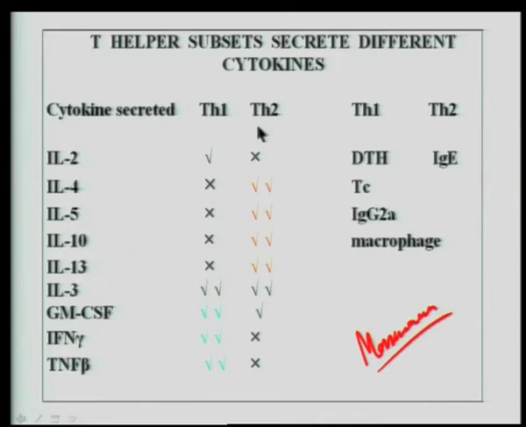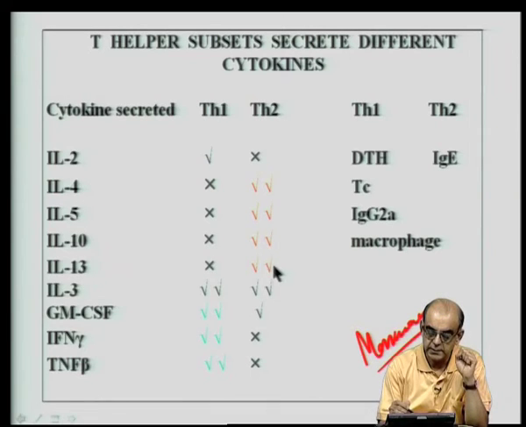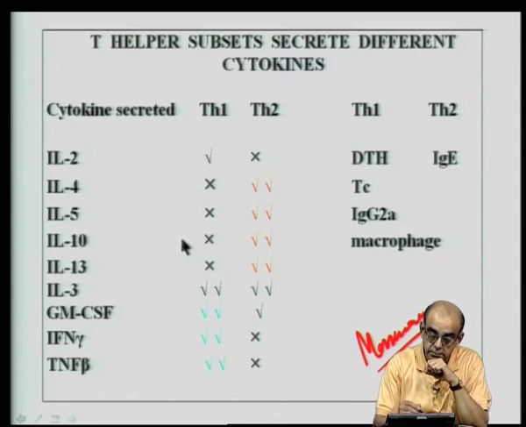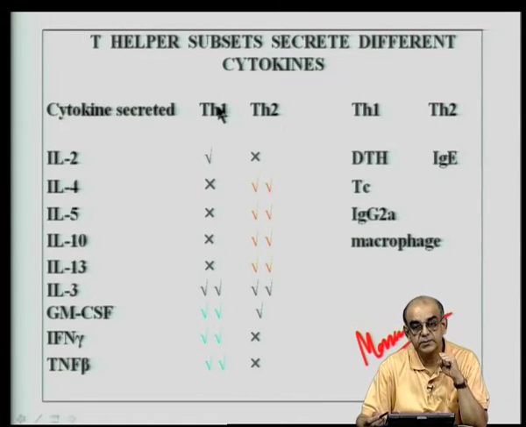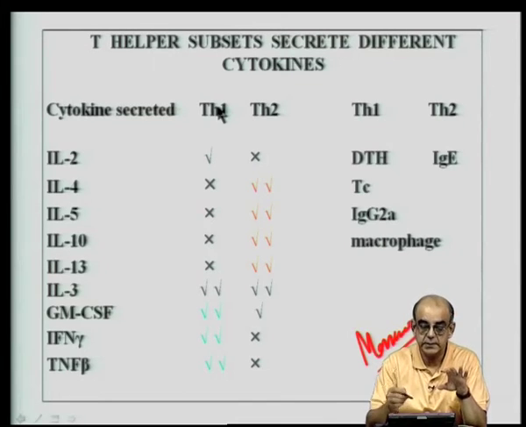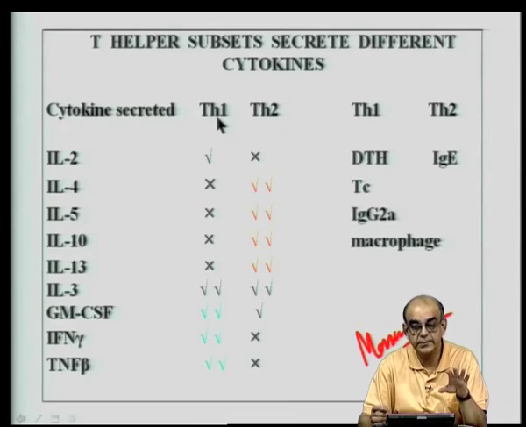If you look at Th2 and see the red ticks over here, these are the cytokines that are secreted by Th2: IL-4, IL-5, IL-10 and IL-13. On the other hand, these cytokines are not produced or secreted by the other type of T helper cells. In other words, there is a dichotomy in the type of cytokines secreted by these two T helper subsets.